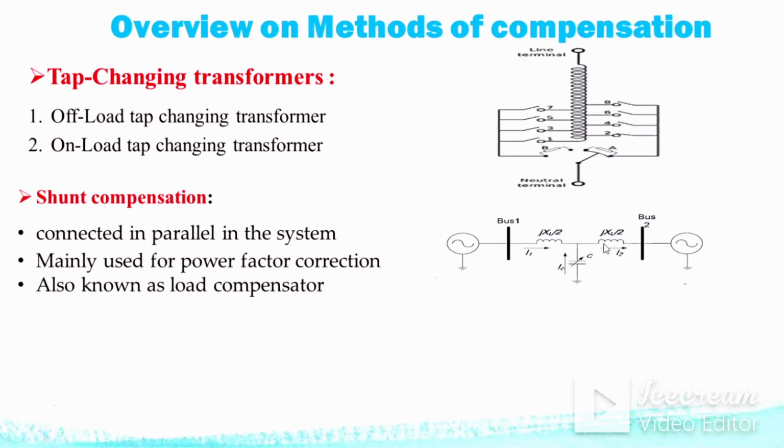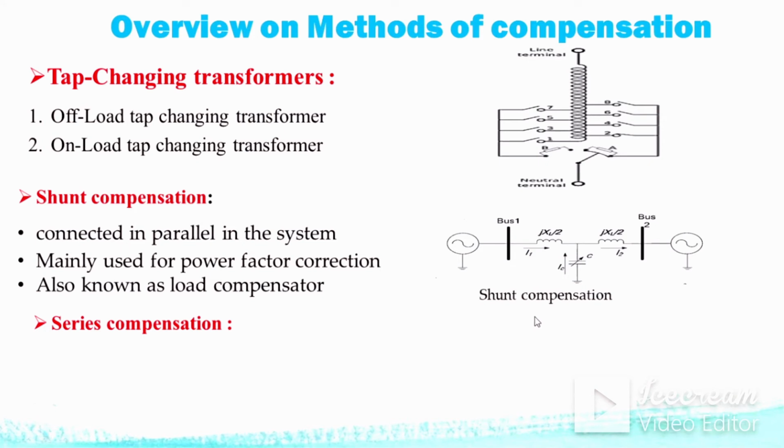In order to compensate for that reactive power, we are deploying this variable capacitor between these two reactors, to satisfy the reactive power demand of this transmission line, so that the entire power system network's power factor will be improved. Similarly, we have the third type of compensation, that is series compensation.